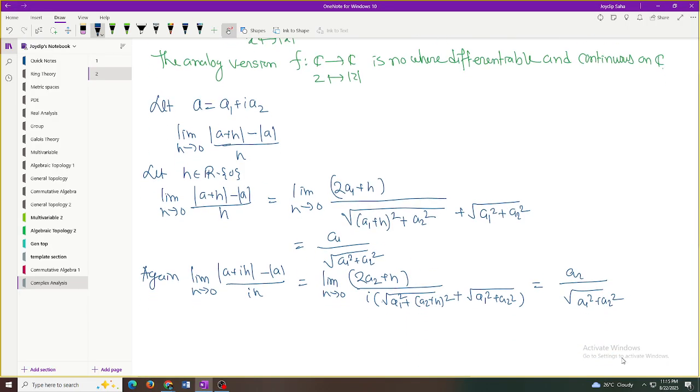So if I go through two different directions to 0, one from the real line and another from the imaginary line, then we will get two different limits. So the limit does not exist.